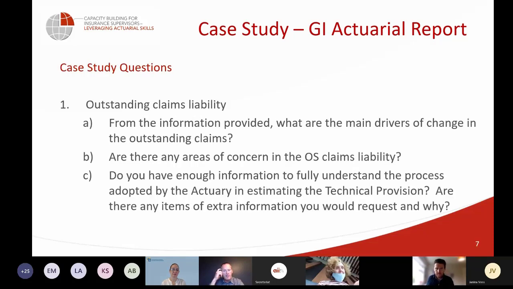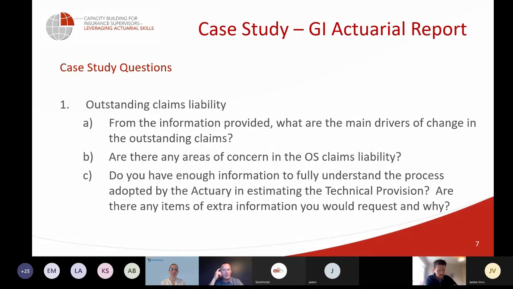Some of the questions you will be answering in your groups are regarding the outstanding claims liability from the information provided in the case study, which is a valuation report. What are the main drivers of change in the outstanding claims? That will be for those of you in a room with Eamon. Second, are there any areas of concern in the claims liability?